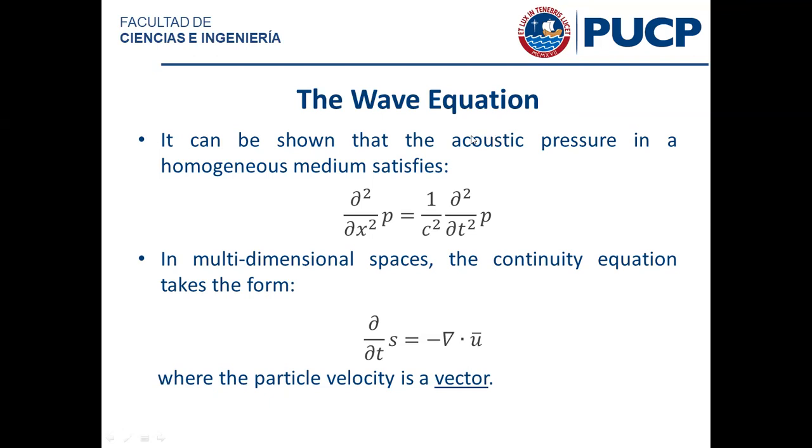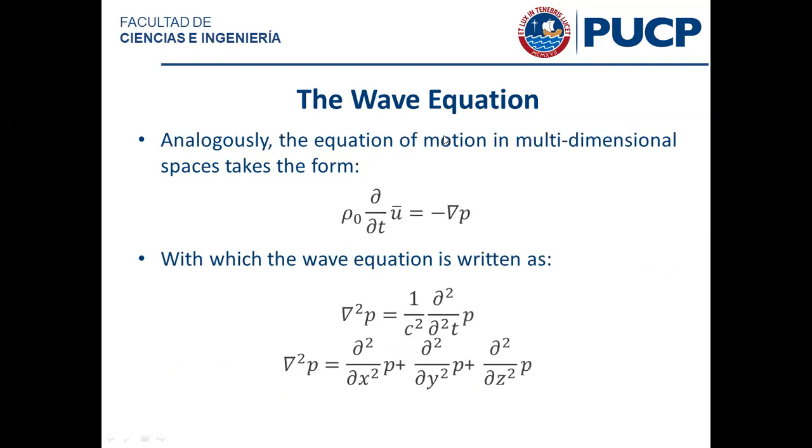In the same way, in this case, the equation of motion relates the particle velocity, which is a vector, to the pressure, which is a scalar. The pressure field is a scalar field. So in this case, we need to convert the derivative of the pressure to a vector field. And that we do with a gradient.